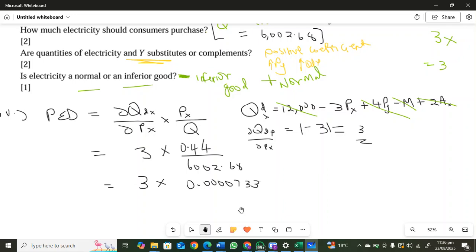Then we multiply it by 3, we get 0.0000219.